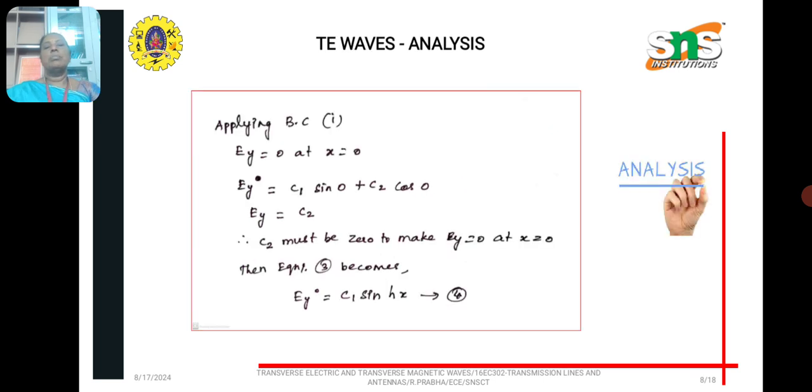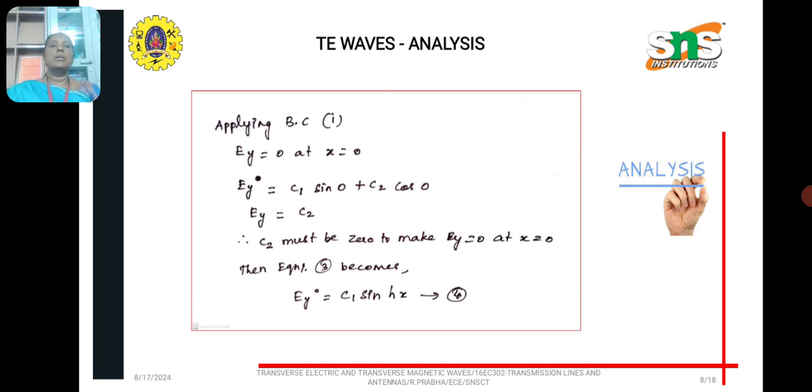Now we apply boundary condition 1: Ey is 0 at x equal to 0. We know Ey is C1 sin Hx plus C2 cos Hx. Substituting x equal to 0, we get C1 sin 0 plus C2 cos 0. Since sin 0 is 0, the first term becomes 0, so Ey is C2 only, because cos 0 is 1.